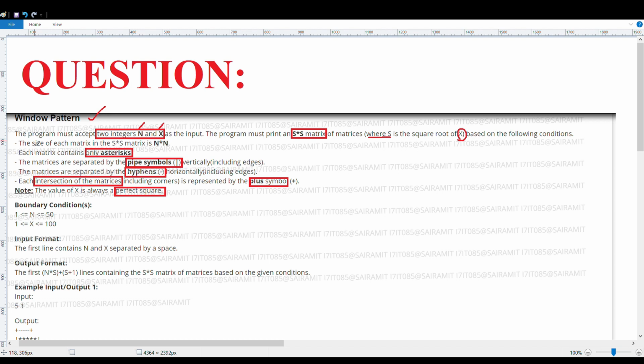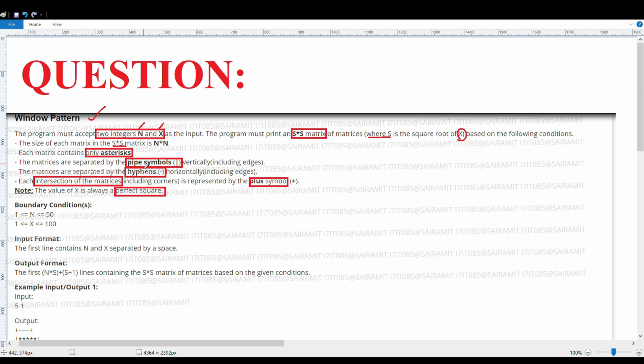The first condition is that the size of each s into s matrix is n into n, and each matrix should contain only asterisks.